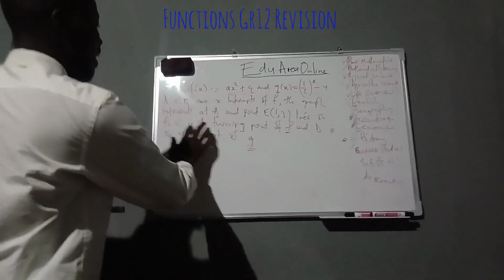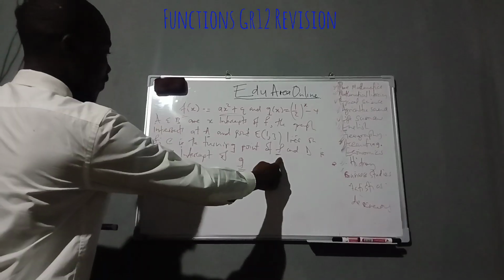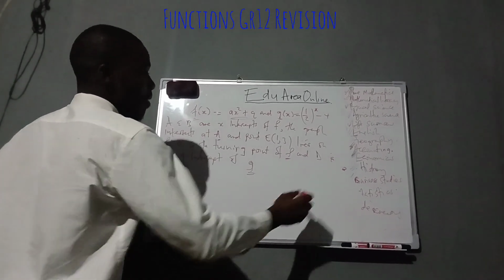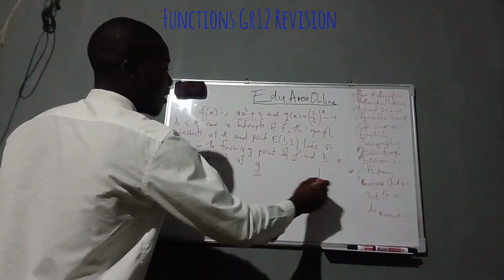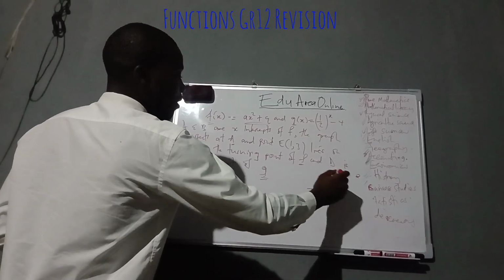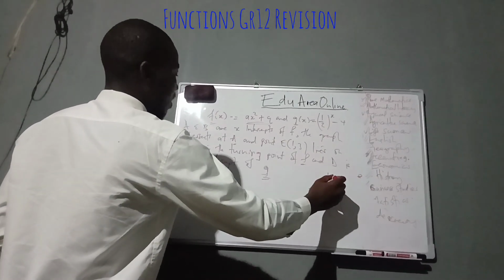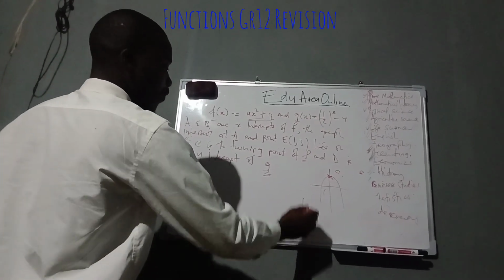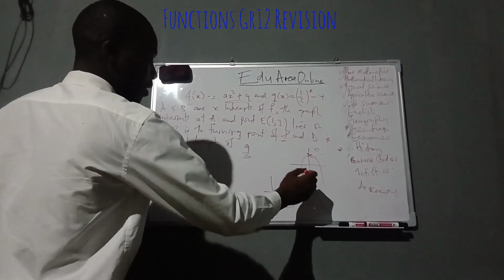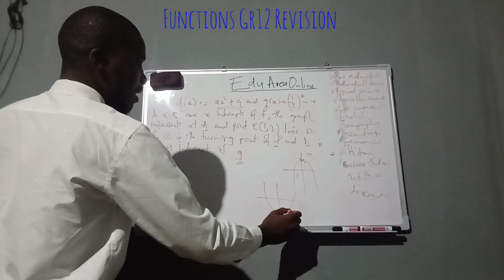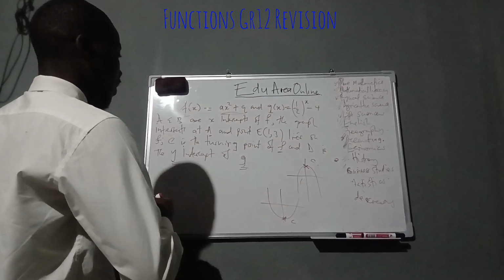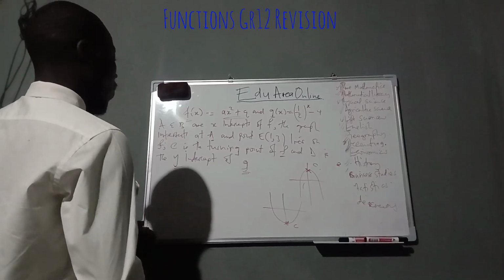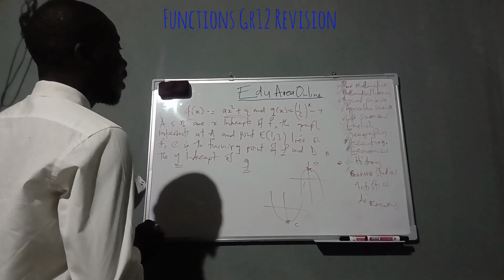And here we are saying C is the turning point of f, so C is the turning point of the parabola. If it is an upward concave, the turning point is this one, which is referred to as C, right? Although if it is a downward concave, this is the point that is referred to as C. And D is the y-intercept of g.